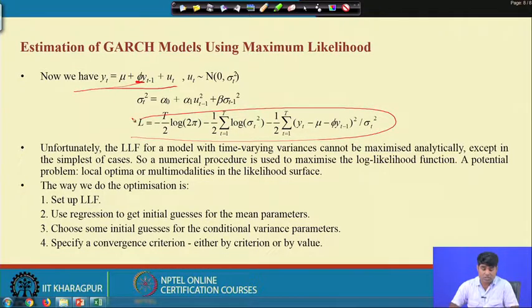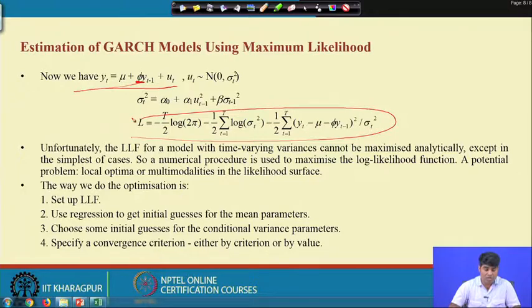As a result, a numerical procedure is used to maximize the log likelihood function. Technically, the potential problem is to look for local optima or multimodalities in the likelihood surface.